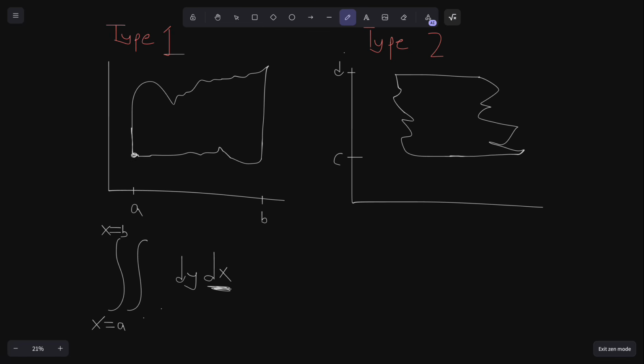And another thing that's special about type 1 regions is that, instead of the bounds being constant, they can be represented as functions. And so for this inner integral right over here, the y value can range from a function like f of x to y being equal to a function, let's just say g of x.